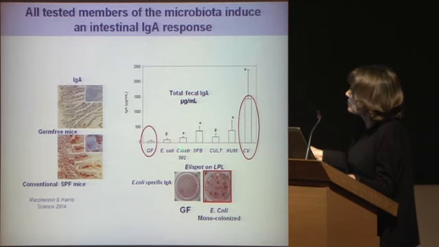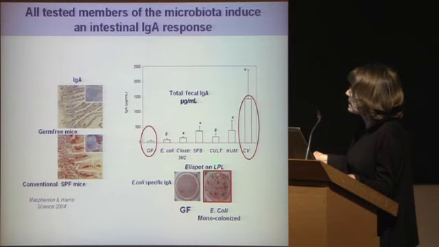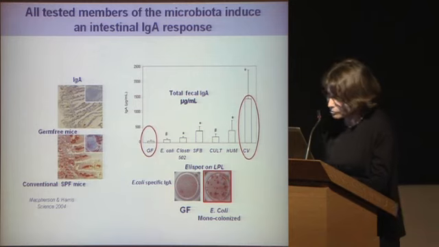Each bacterium that we have tested, at a more or less high level, does induce an IgA response. This IgA response is partly specific, as can be demonstrated by ELISpot on IgA response in isolated lamina propria cells.